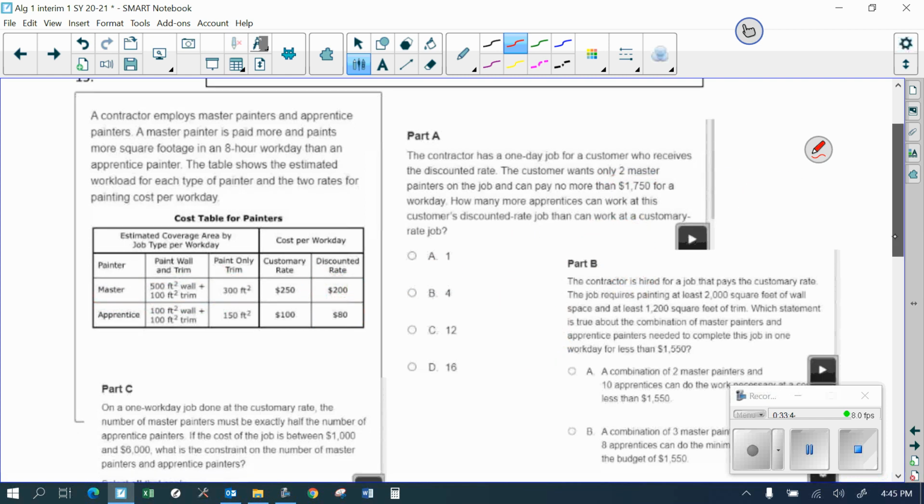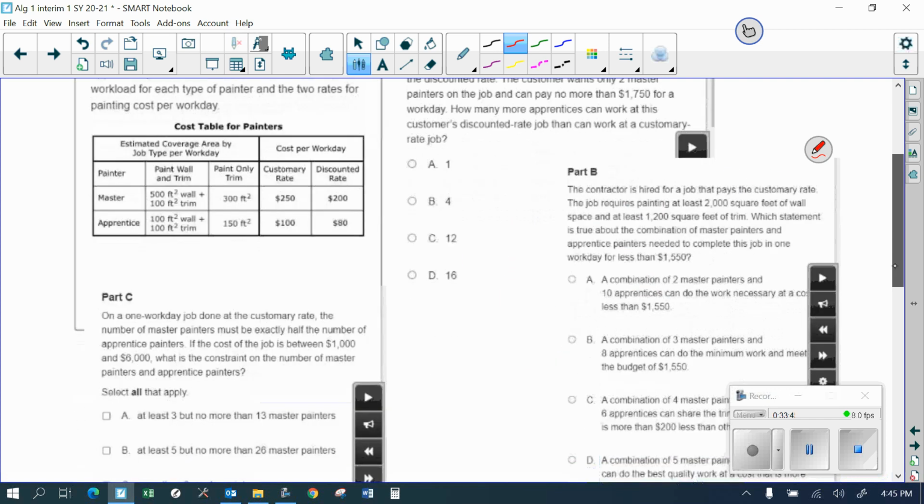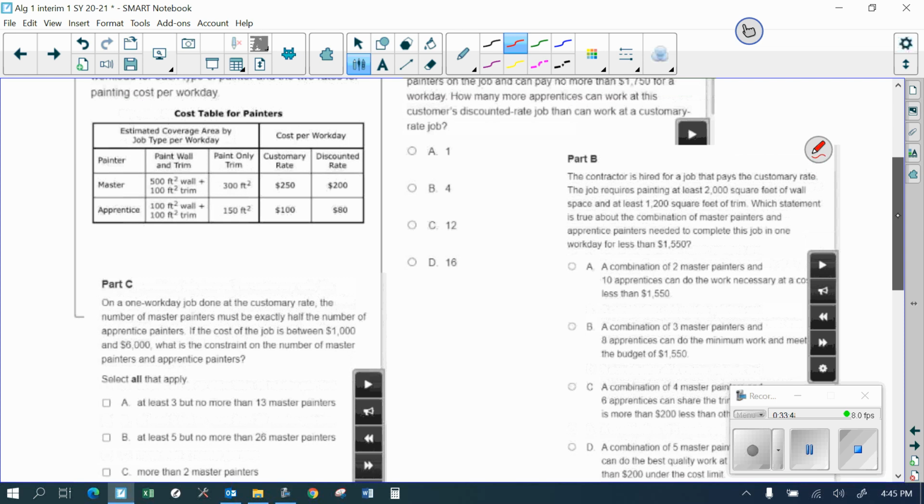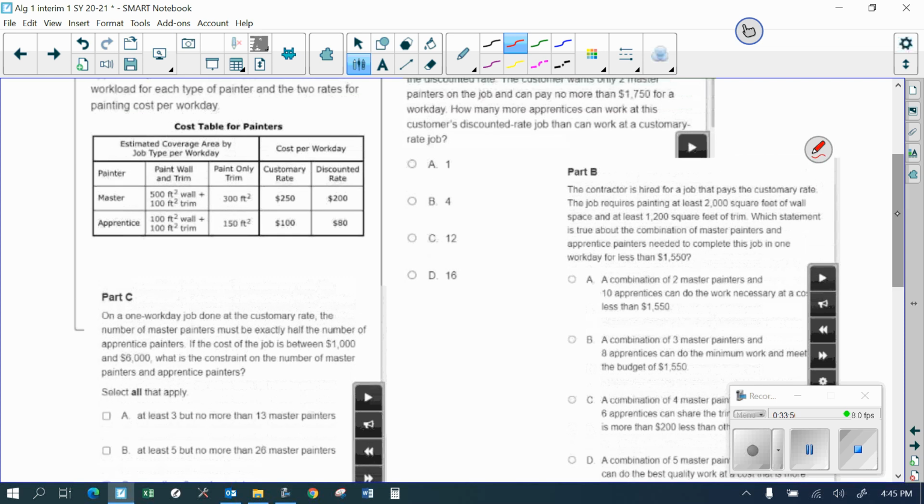All right, part B. The contractor is hired for a job that pays the customary rate. Okay, here's the customary rate. The job requires painting at least 2,000 square feet of wall space and at least 1,200 square feet of trim. So we're doing wall and trim, right?